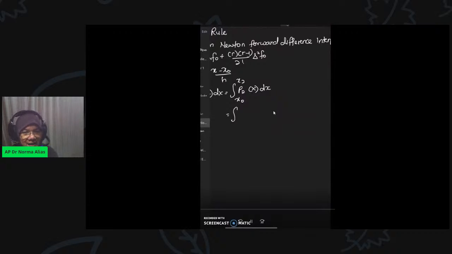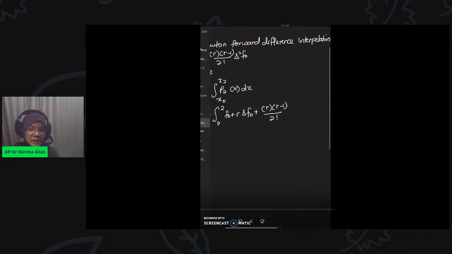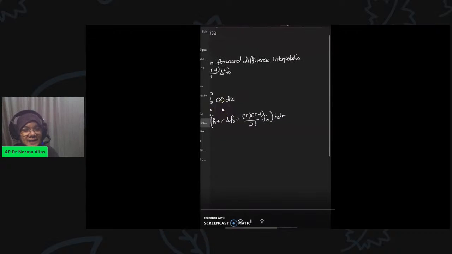What is P2? P2 is f0 plus r delta f0 plus r(r minus 1) divided by 2 factorial delta squared f0. And then, we make it standardized, so x0 is equal to 0 and x2 is equal to 2. Make it standardized, or nondimensionalize the function between x0 up to xn.